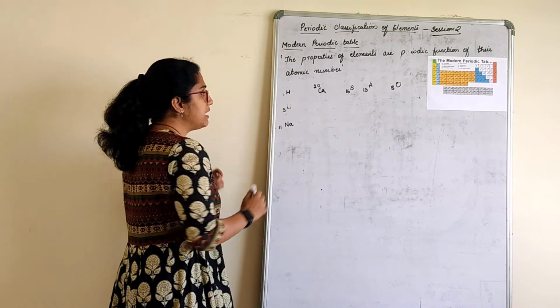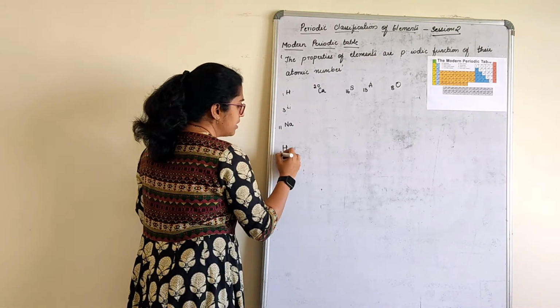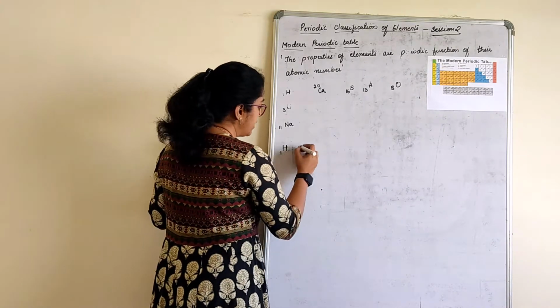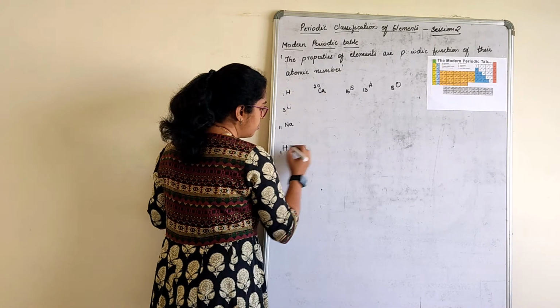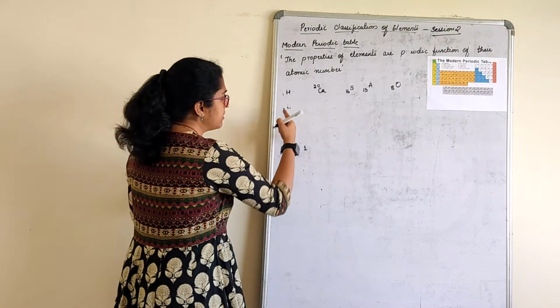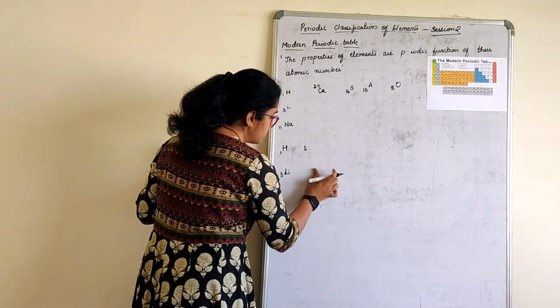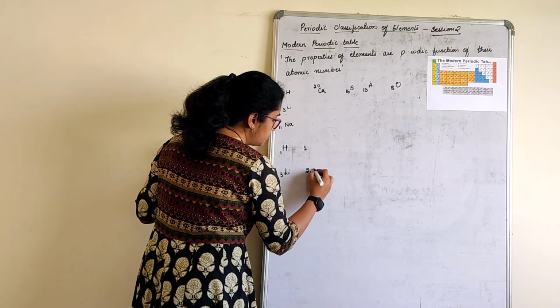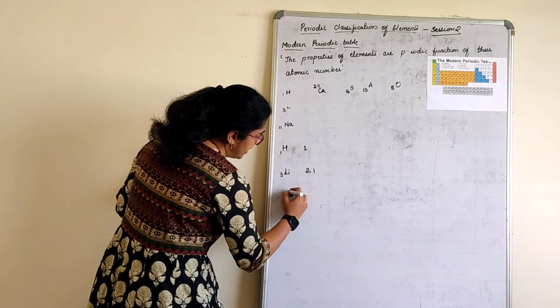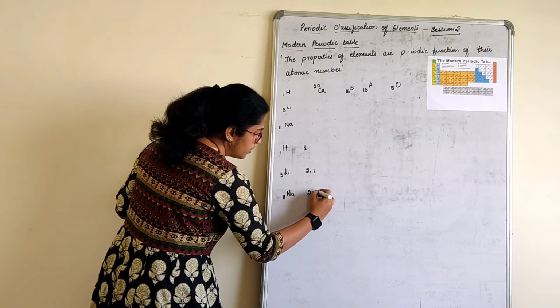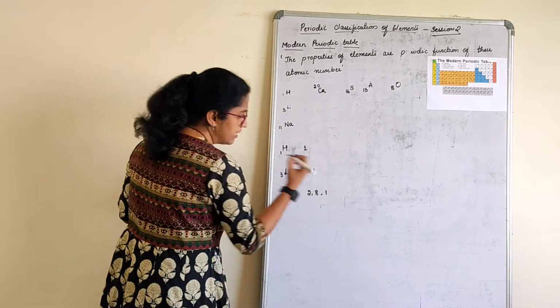Now let me write the electronic configuration first for these. So the 2, 8, 8 rule is what we write, correct? Hydrogen is written as only 1, because only 1 is there. Then we have lithium 3, which is 2, 1. Then we have sodium 11, so we have 2, 8, 9, 10, 11.